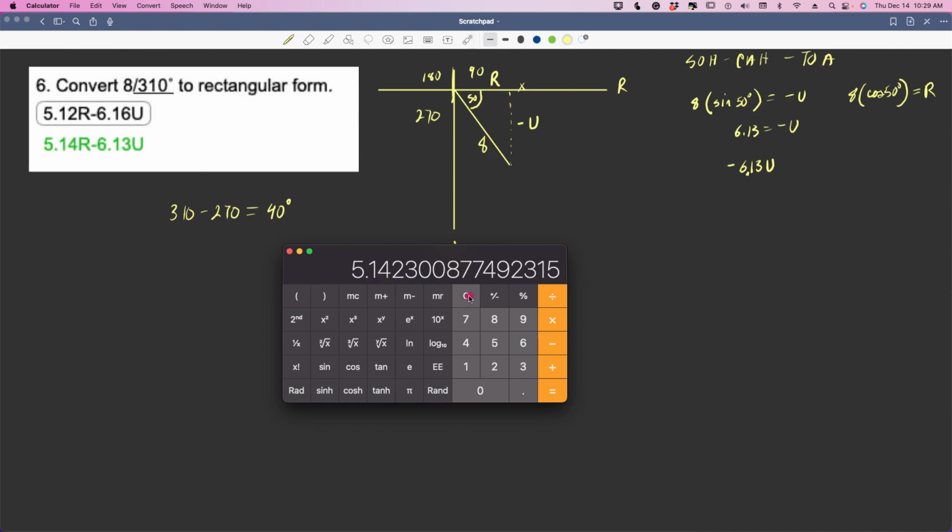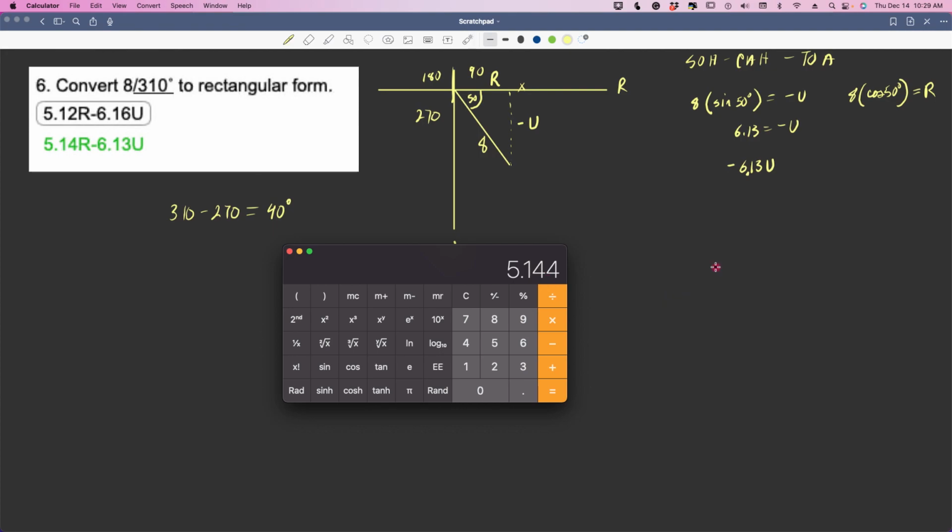But if you did 50 cosine and you did 0.643, let's say that rounded up. Let's say that's what you did. 0.643 times 8, it'd still be 5.14 either way.